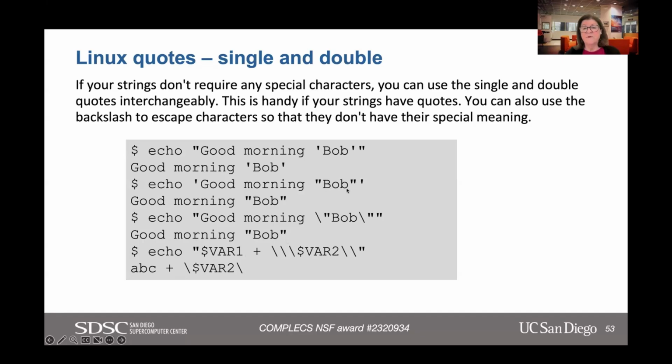So here's another example. We've put the single ticks around Bob in double quotes, and double quote Bob double quote is treated as just characters in a string. But if we wanted to extract something, we could say backslash, ignore these, and of course we still see the same thing. But here we're going to get a little bit of operators, with backslash, $, bar2, backslash.